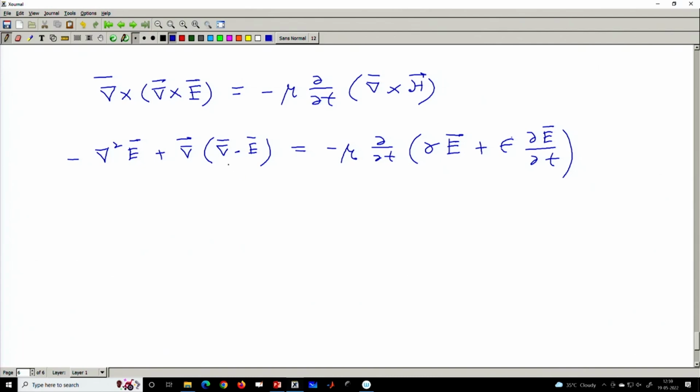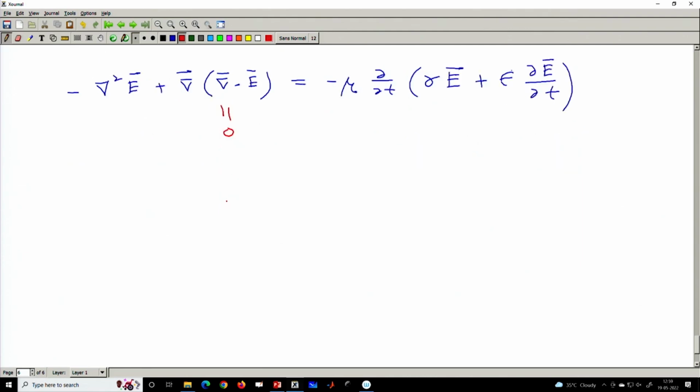Now, this is equal to 0, this is equal to 0.